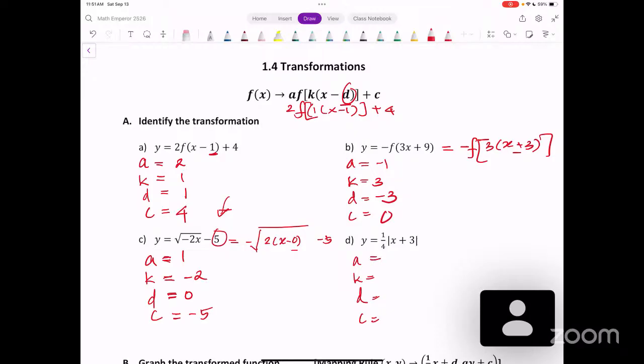Going back to Anaher, what is the value for A? 1/4. And then give me one moment. Just one moment. Okay.